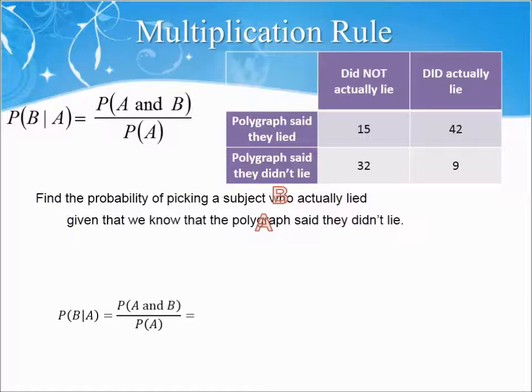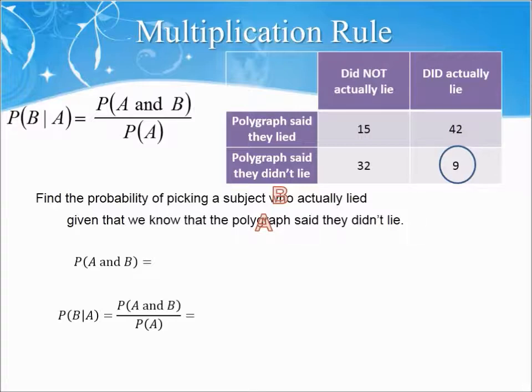So let's first find the probability that A and B occurred. That is, the probability we pick a subject who lied, who is also one of the subjects the polygraph said they didn't lie. Well, of course, that's going to be the 9 people who are in the did actually lie column, but in the polygraph said they didn't lie row.